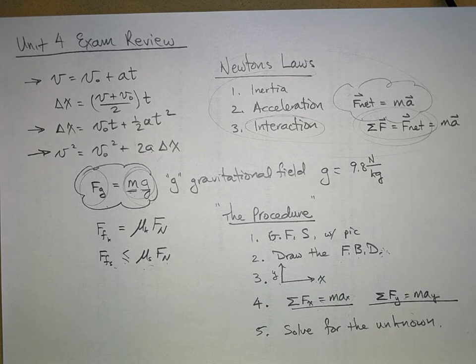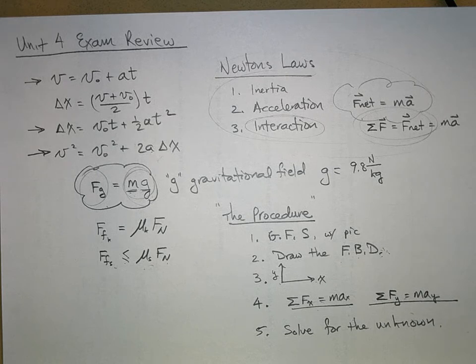Problem 1 is a dragster problem. You pop the clutch and you accelerate forward. If you have a car accelerating or decelerating on the road, unless that car is being towed or somebody is pushing on it, what's the only force acting in the x direction?